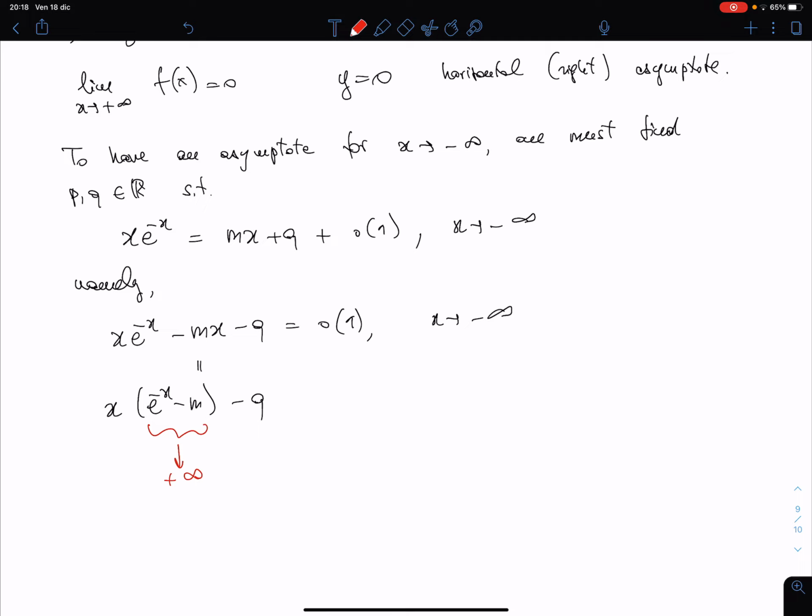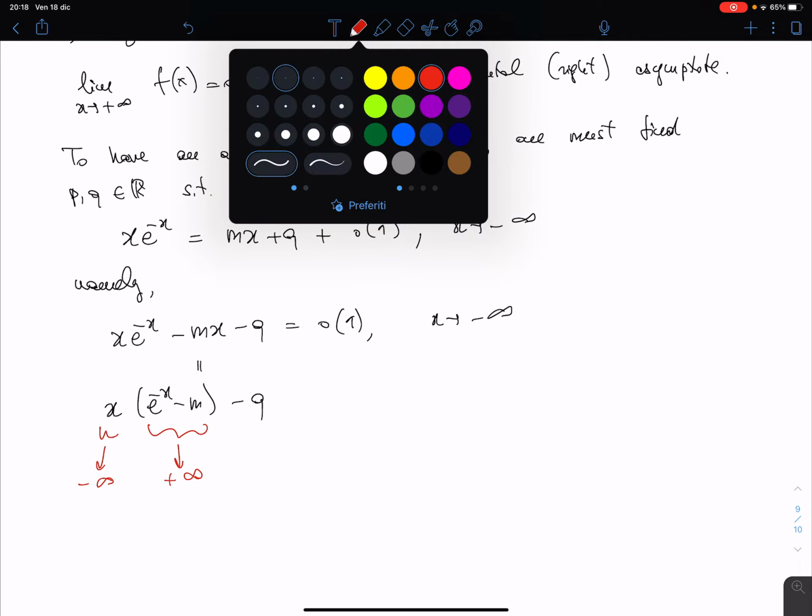E to the minus x, when x goes to minus infinity, goes to plus infinity, while x goes to minus infinity, so the product goes to minus infinity. Minus q is a constant, it remains itself.